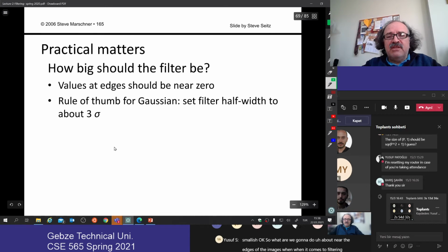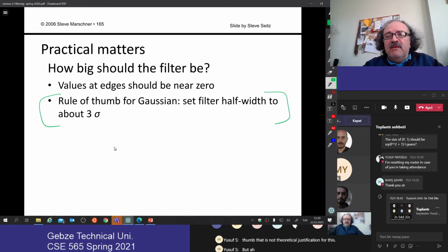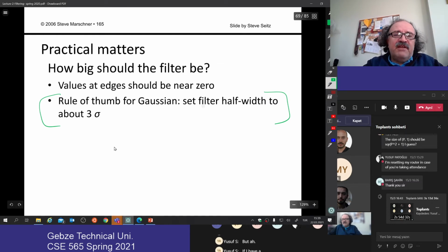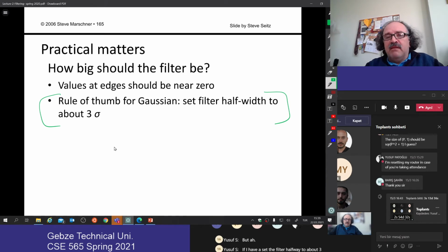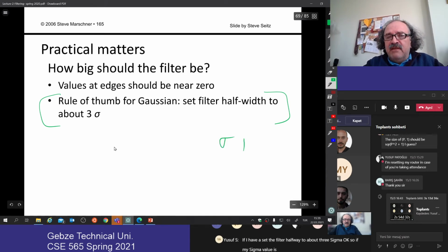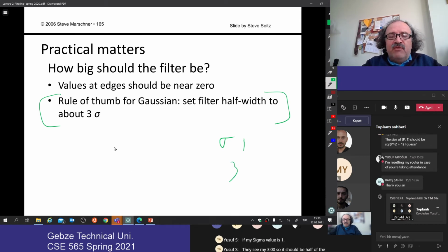Also, with the Gaussian, people usually have this rule of thumb. There is no theoretical justification for this, but I set the filter half width to about 3 sigma. So if my sigma value is 1, 3 sigma is 3, so half of the window width should be 3.